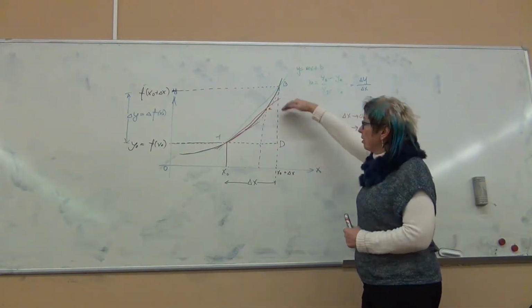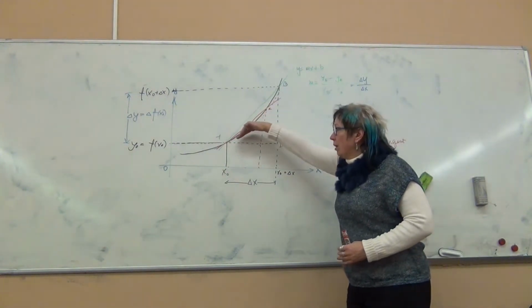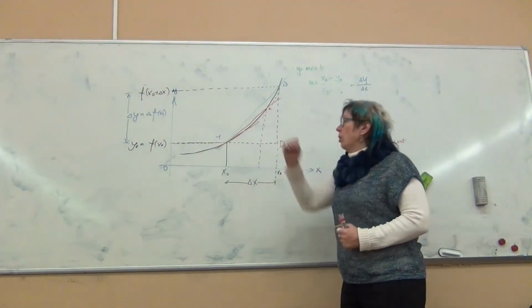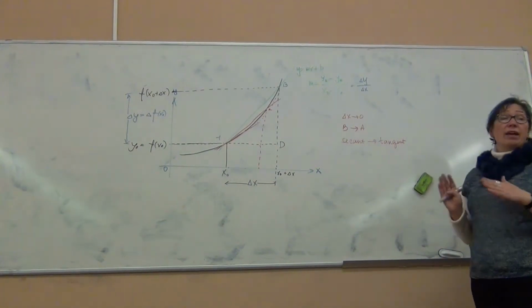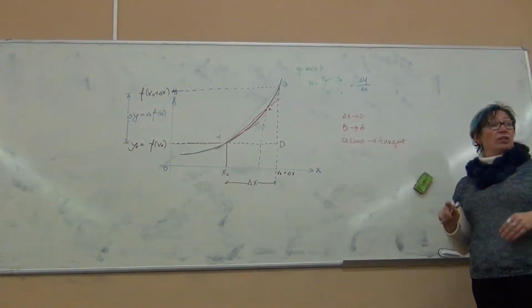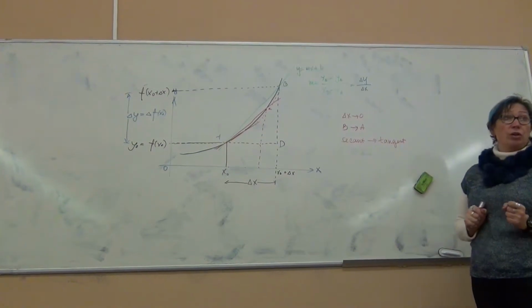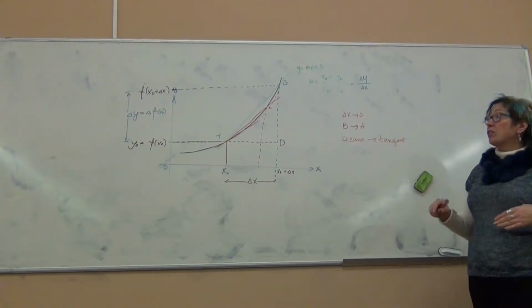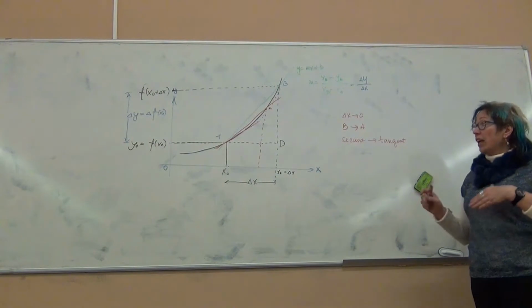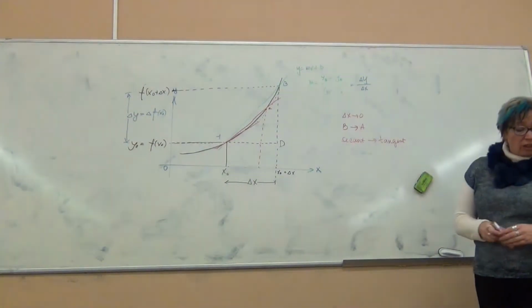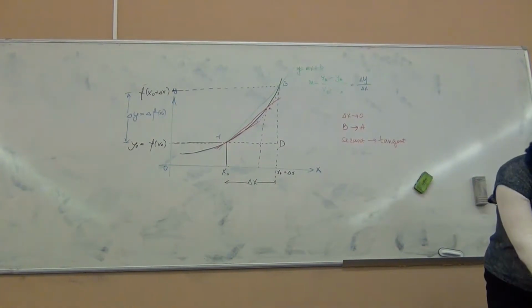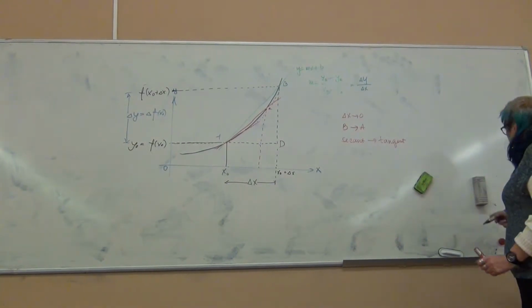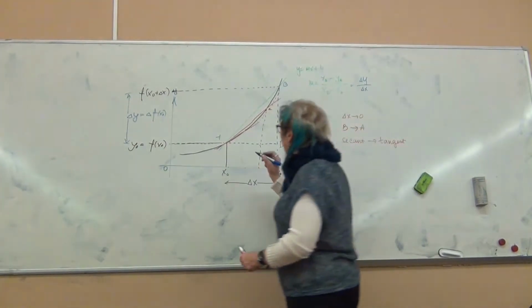The secant becomes more and more like the tangent, and in the extreme situation when delta x is equal to 0 and B actually coincides with A, then we have obtained the tangent line. Now I have to figure out what color might work for the tangent line, probably blue.